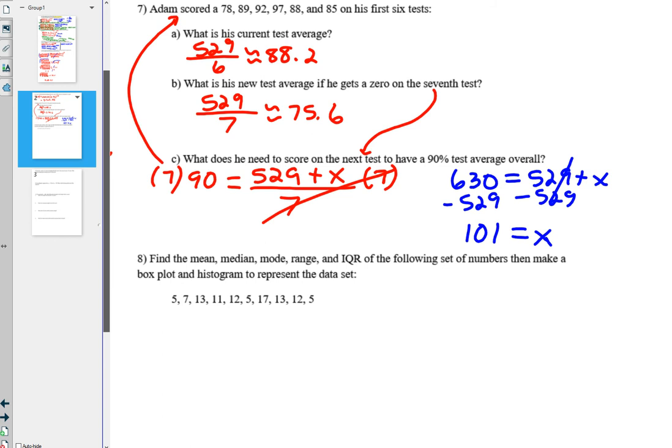And did you guys make sure that I added those first 6 correct? Did you also get 529 for that? Okay. Well, yeah, that's the key that some of you couldn't figure out before, is that you have to add that extra test that we're looking for, and then just divide by 1 more, and then make it equal to whatever you want it to be.